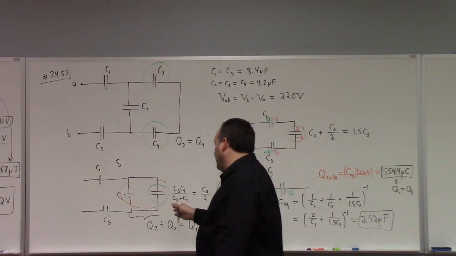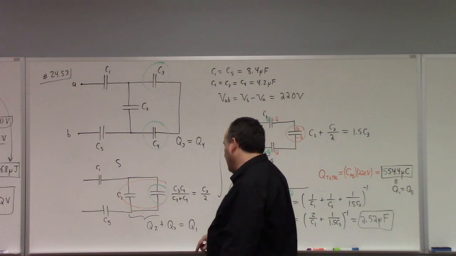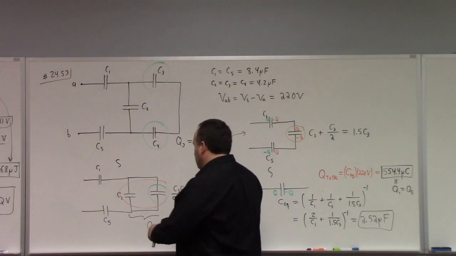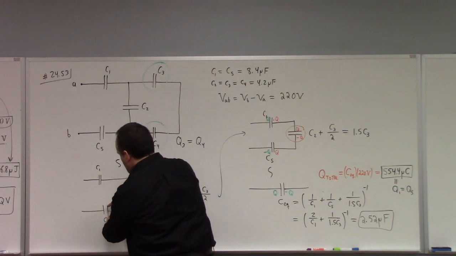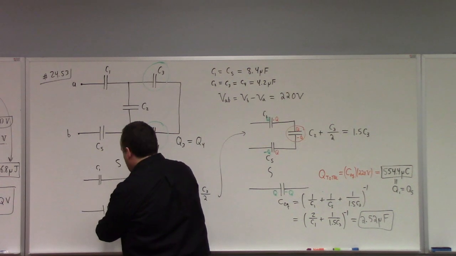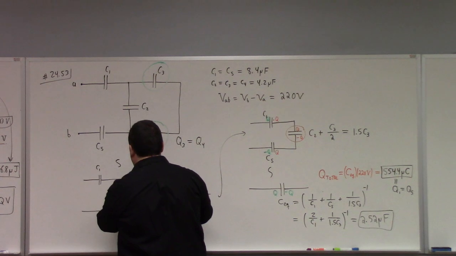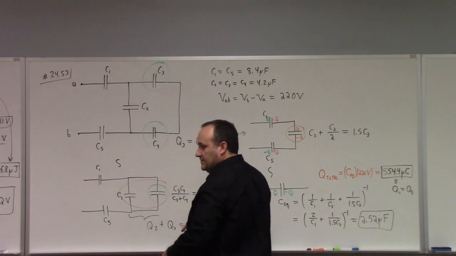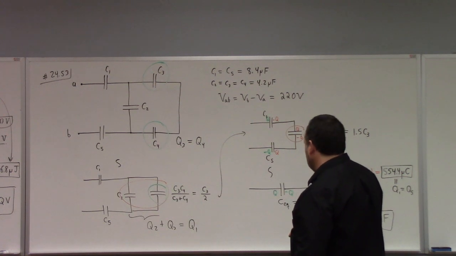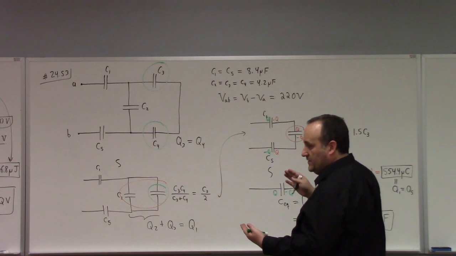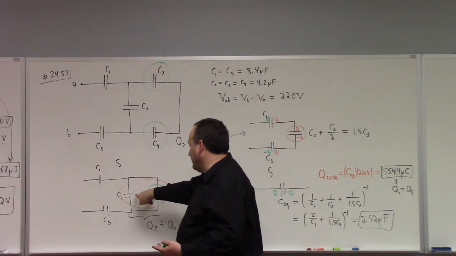But then how do you figure out how much goes here and how much goes there? So why is Q2 plus Q3 equal to Q1? Because the charge here has to be equal to the charge there. Because if this is minus Q, there has to be a Q2 and a Q... I mean, I don't have a good notation for this, but when they're in series, they have to share the same charge, but these two are not directly in series with that.